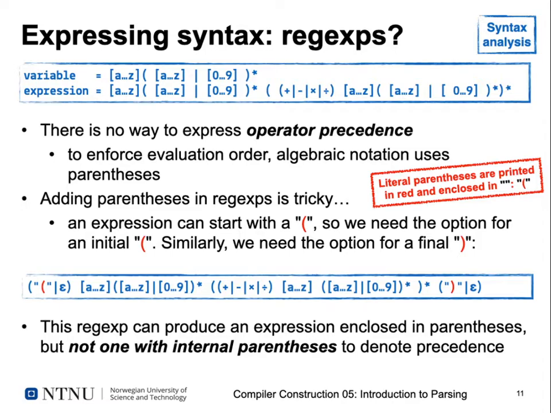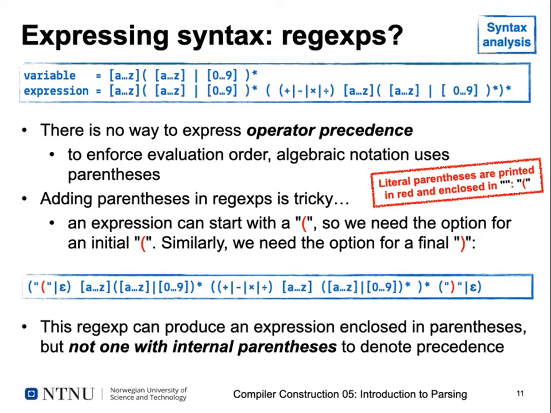So the problem is there is no way in regular expressions to express this operator precedence. What we can try to do in a regular expression to enforce evaluation order is use parentheses. Essentially everything that's in parentheses is evaluated first, and then we look at everything outside of those. This gives us a little problem in notation, because we already use parentheses as a meta element in a regular expression to denote a grouping of symbols.